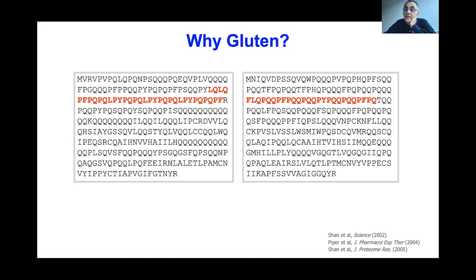So essentially, these sequences in red are the equivalent of sand, while the rest of the sequences of these proteins are what provide the nutrition. Ultimately, over time, these peptides do get degraded, perhaps catalyzed by processes that are promoted by the bacteria in our gut.